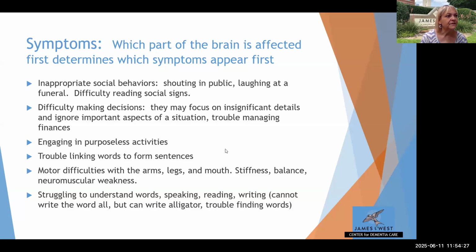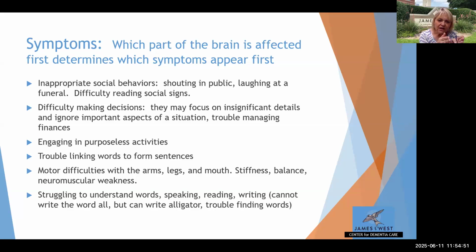So let's look at some symptoms. Right up here at the top. Inappropriate social behaviors, shouting in public, laughing at a funeral, difficulty in reading social signs or reading the room, that kind of thing. That video mentioned difficulty in making decisions.